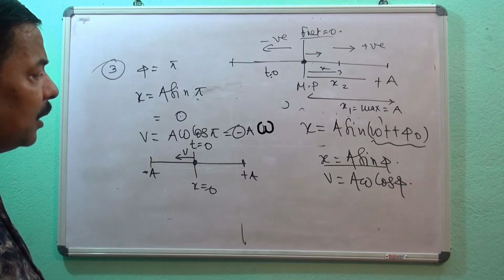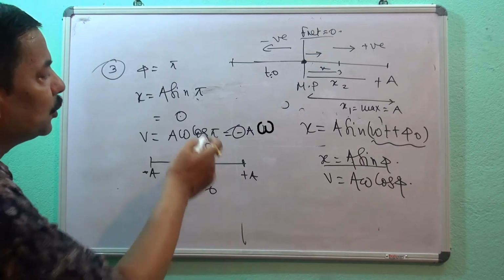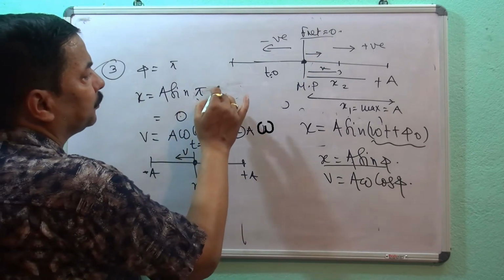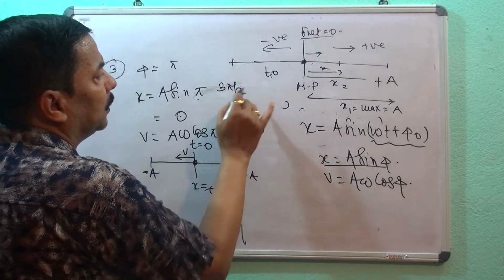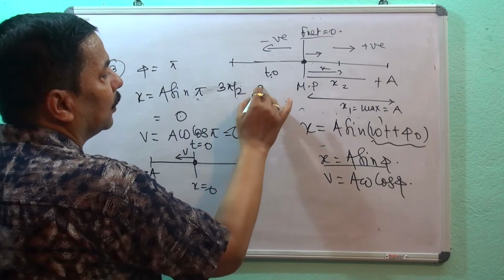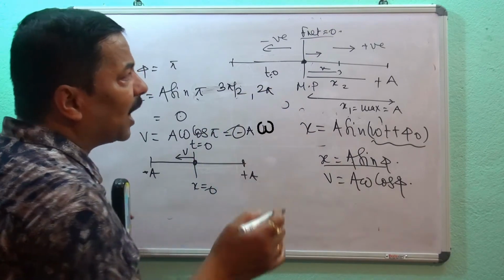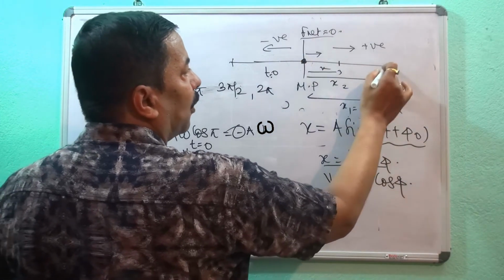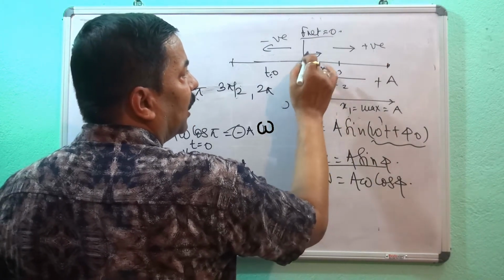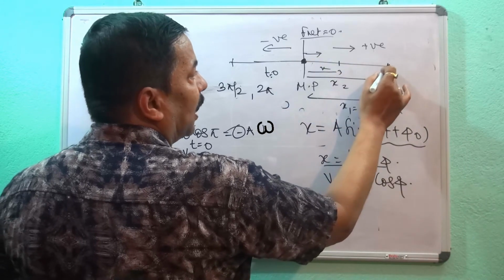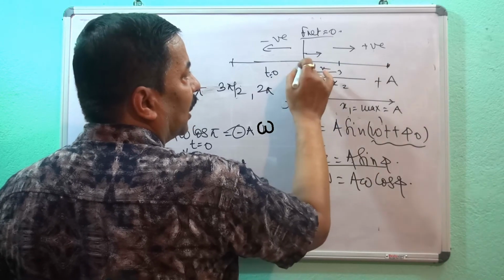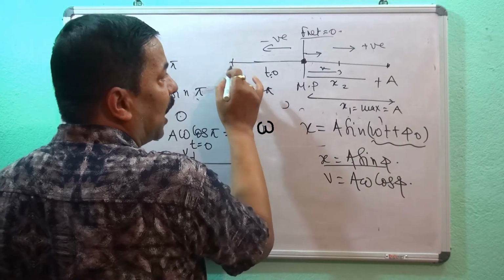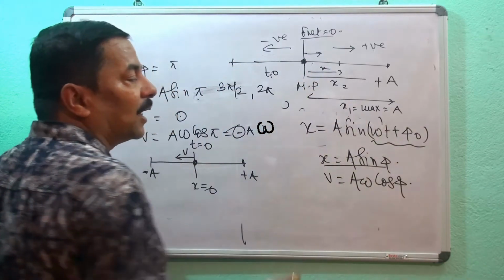If you take some other value, you can get the result in the same manner. You can test it for 3 pi by 2 and you can test it for 2 pi. That means I have tried to discuss when the particle starts motion from here in this direction, here with velocity 0, and here in this direction.